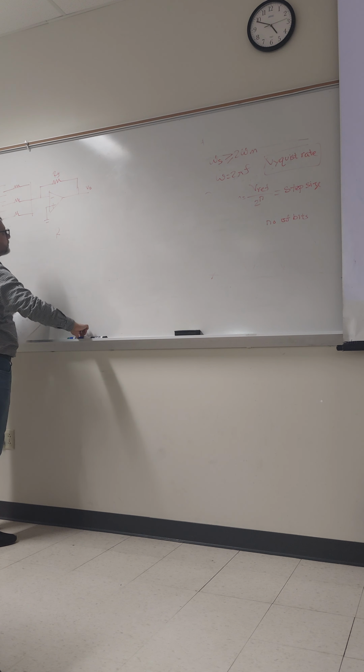So this is our general equation: V2 by R, V1 by twice R, V0 by 4R. This is for 3 bits. For 4 bits, it will increase: V3 by R, V2 by twice R, V1 by 4R, V0 by 8R. It will keep increasing, okay?